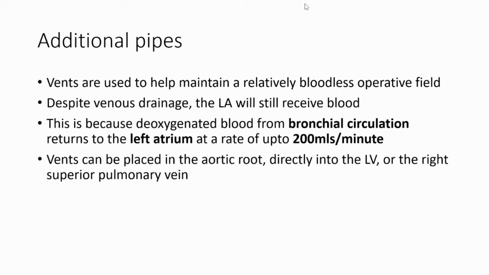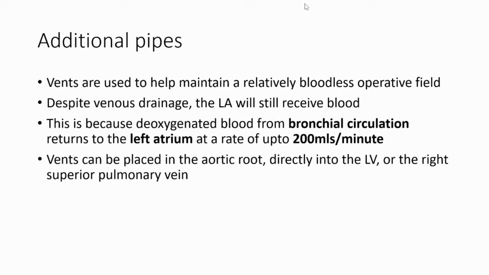The second option is to make another small hole in the aortic root and then to put a pipe through the aortic root and then through the aortic valve into the left ventricle that way. Or we can just set it in front of the aortic valve, and if we turn the sucker on, then it will cause the aortic valve to open and then suck blood up from the left ventricle through the aortic valve.